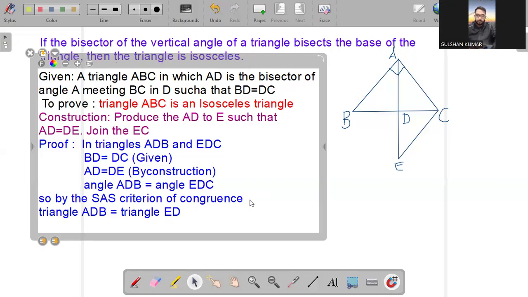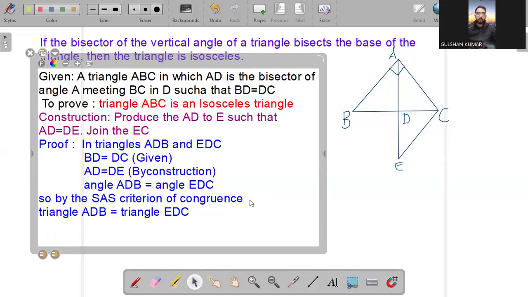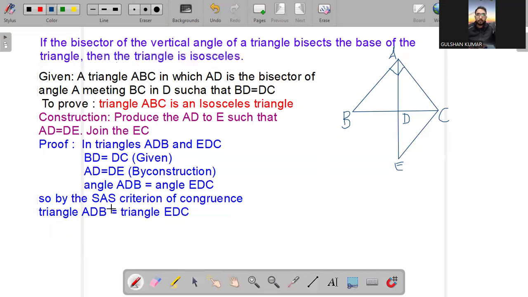Here it is clear that triangles ADB and EDC are congruent.